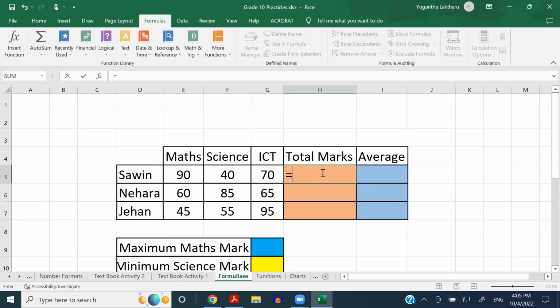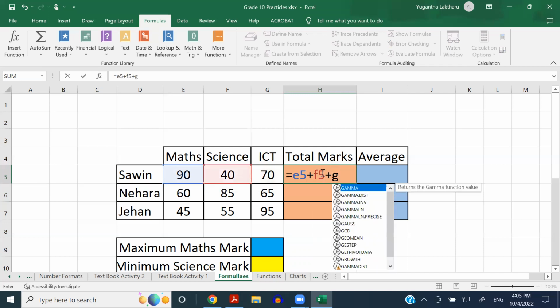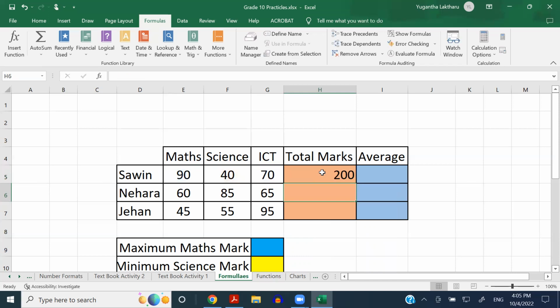Equals E5 plus G5 plus F5. F5, yes. Let me write it as order. Likewise, you can have the total marks.